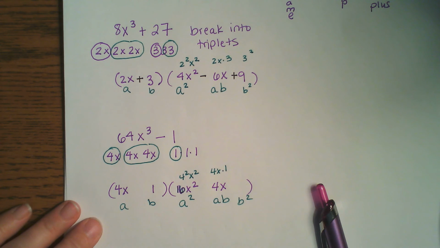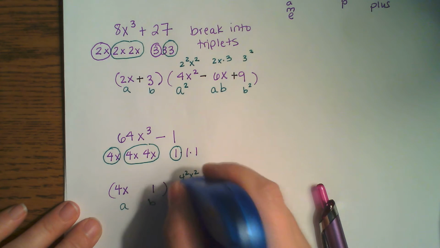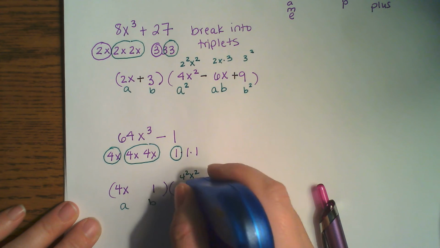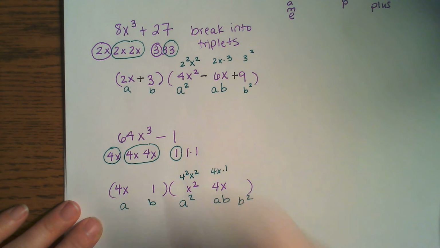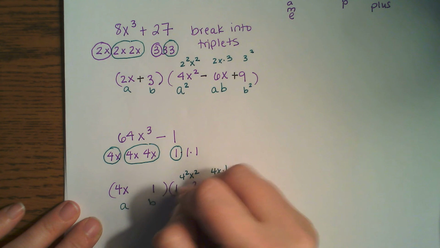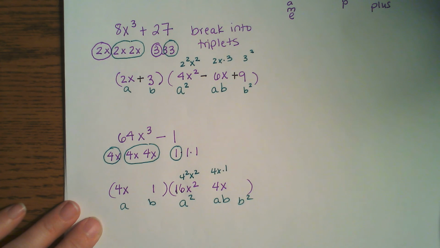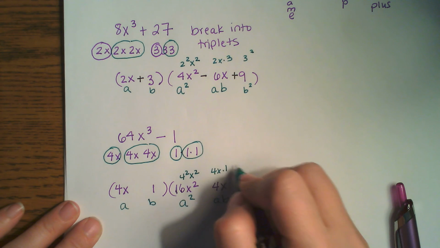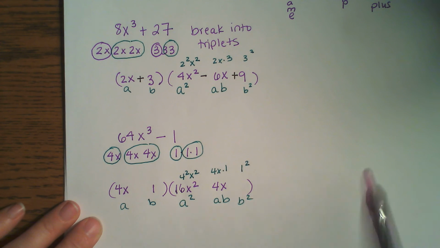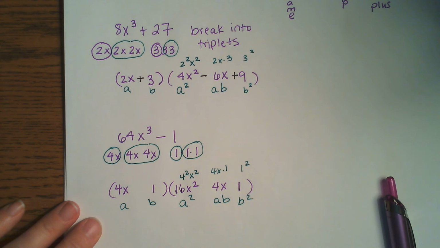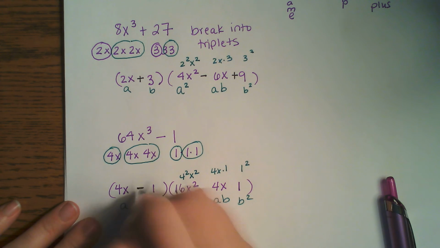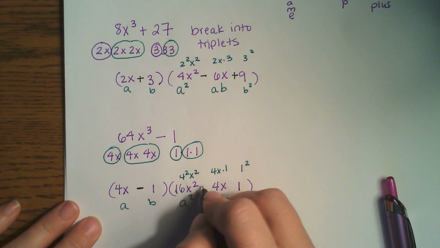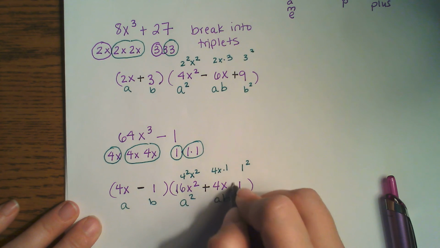Sorry, it's just messy. And then last is B squared, or 1 squared, which is just a 1. The signs will be the same as the original, so minus. This one will be opposite. This one's always plus.